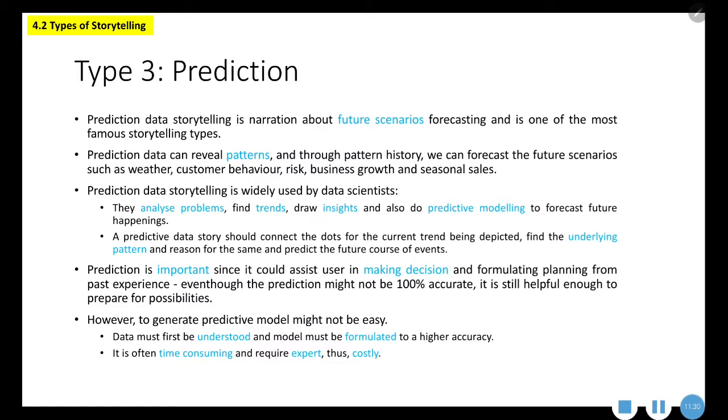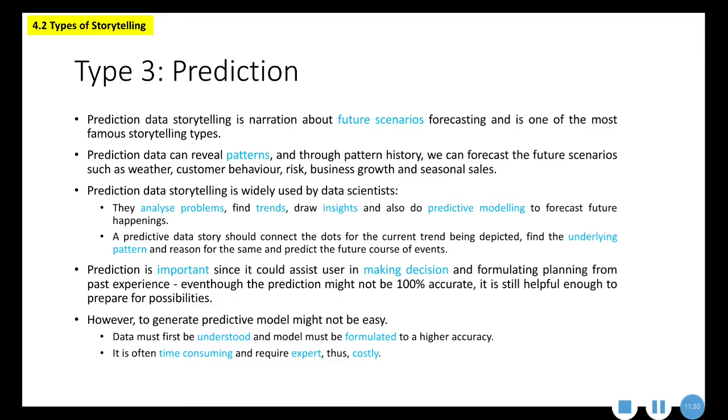So for any organization whose objective is to make profit, they will produce this kind of prediction data storytelling for all products and services that they are manufacturing or producing.